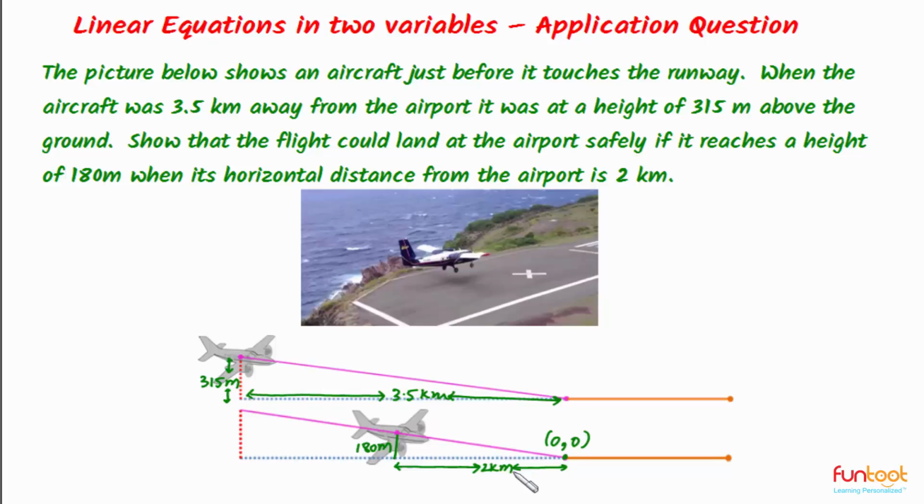And using that equation, we can show that when the height of the aeroplane becomes 0, its horizontal distance from the runway also becomes 0, thus meaning a safe landing. Based on this approach, let's solve this question.